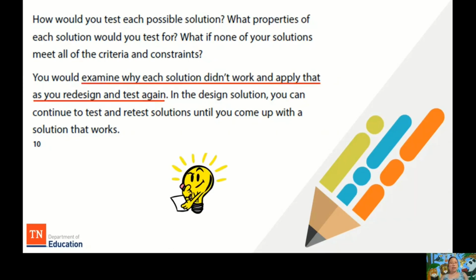In the design solution, you can continue to test and retest solutions until you come up with a solution that works. Now, the design process does require you to be a person who doesn't give up when something doesn't work right away. There are many ways we can solve problems.